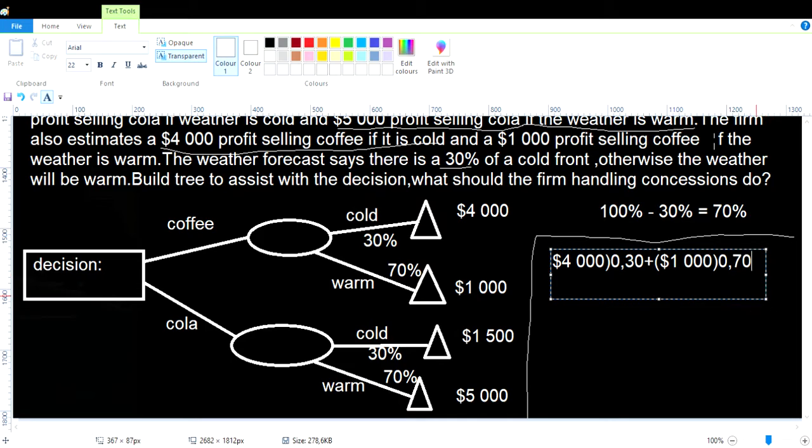Here I just divided by 100. 30 divided by 100 is equal to 0.3, and 70 divided by 100 is equal to 0.7.